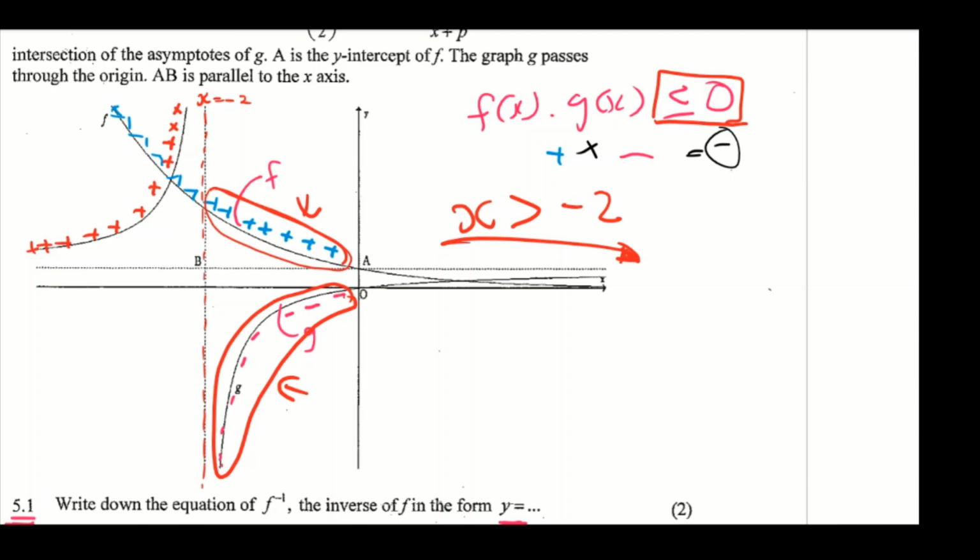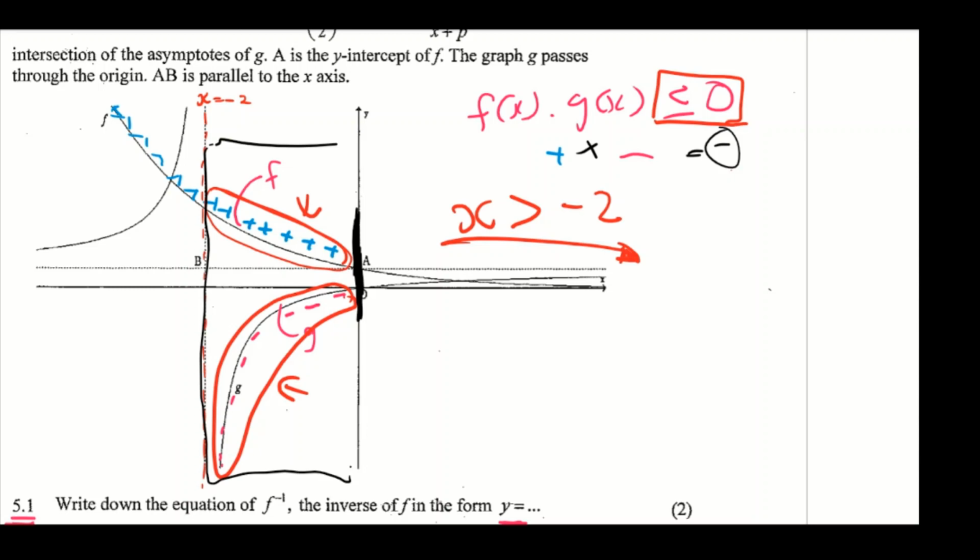Another solution of x would be, you need to remember that after this point here, everything within this point here is correct.